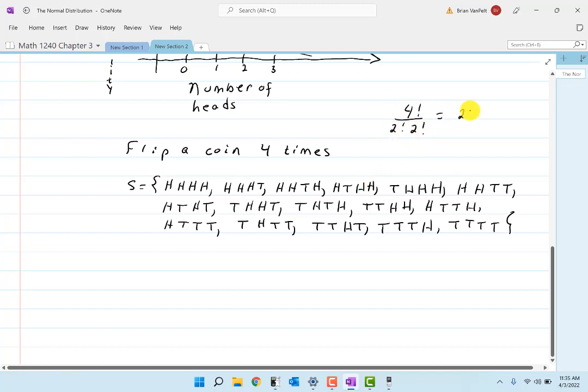Well, the top is 24 and the bottom is 4, so that equals 6. So if you look at my guys, there's 1, 2, 3, 4, 5. I could see that I was missing this guy right here, this HTTH. No big deal. All I care about is that I got all 16 of them.